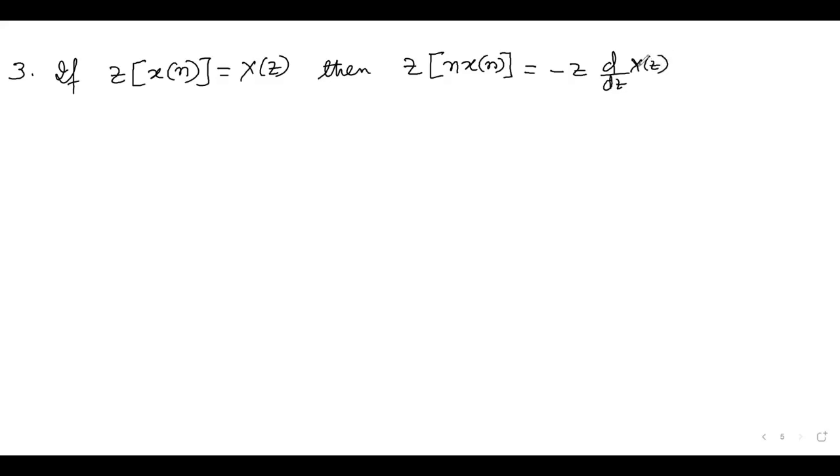If the z transform of x[n] is X(z), then the z transform of n x[n] is minus z dX/dz.